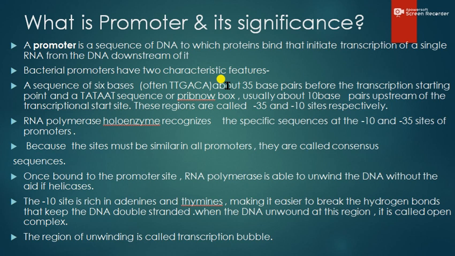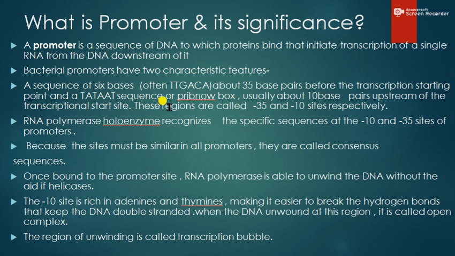And the -10 site is rich in adenine and thymine. And you know that if there is an AT bond, it is much easier to break the hydrogen bonds. So it will be easier to unwind the DNA at the TATA box. So at the -10 we have the what?